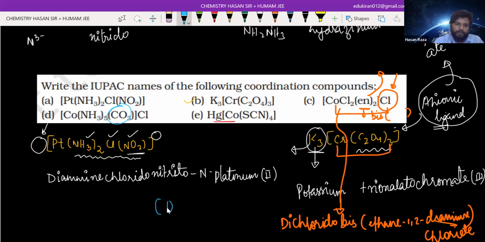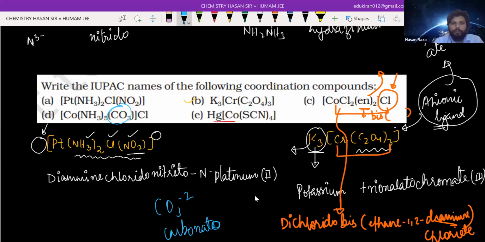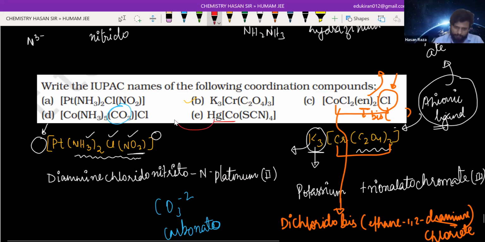You know, CO3 is CO3 minus 2. Carbonate is its original name, but this is an anionic ligand, so it will be carbonato. Pentaammine carbonato cobalt 3 chloride. One thing I'm going to tell you is that Hg here exists in +1 oxidation state. I already told you. Right now, write it.